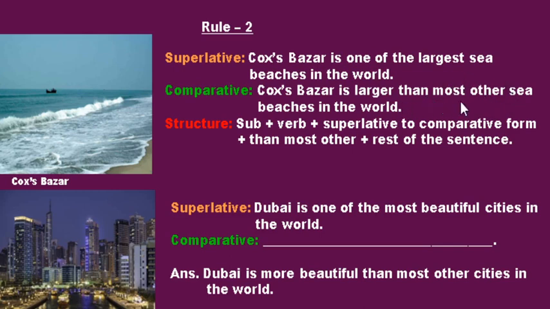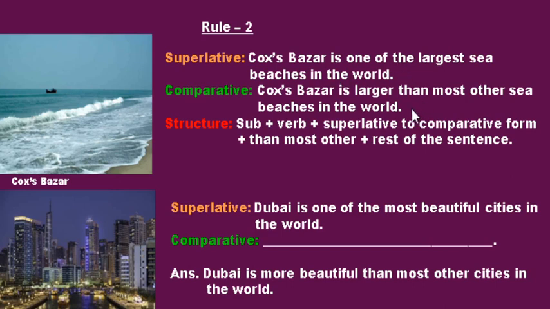In a normal comparative sentence you use then any other or then all other, but when you see one of the, you have to be very careful. Instead of one of the, in comparative degree you have to use then most other. Cox's Bazar is larger than most other sea beaches in the world.